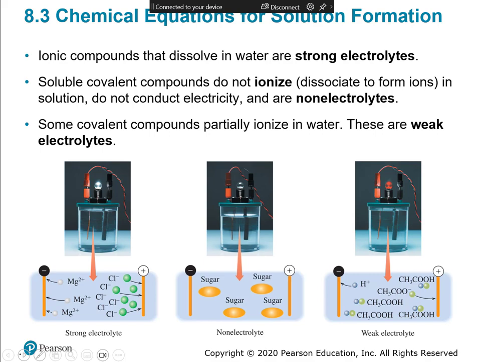So the next big part in chapter 8 is talking about how some solutions dissolve and how some are different than others. So what they found is that there were some particles, specifically salts. Salts that dissolve in water typically form lots of ions.